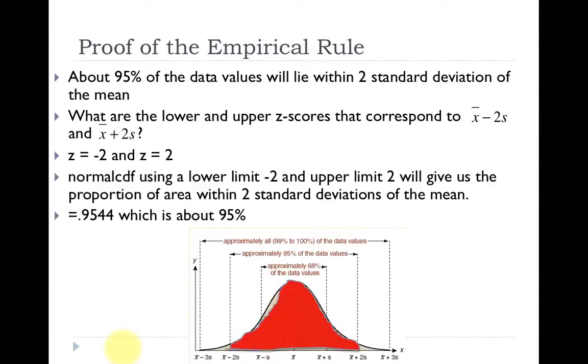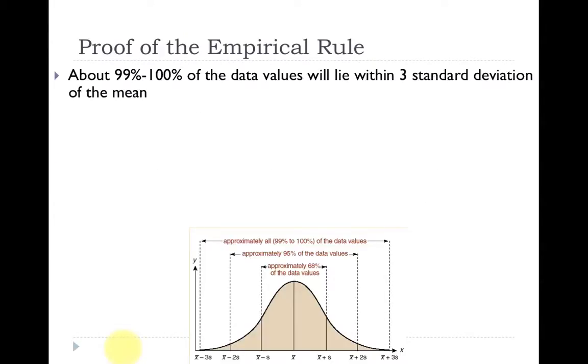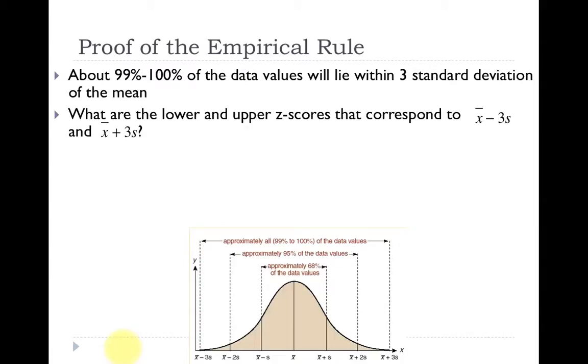Okay, the last part of the rule states that almost all of the data, almost 99 to 100% of the data values, will lie within 3 standard deviations of the mean. So what are the lower and upper z-scores that correspond to x bar minus 3s, the mean minus 3 standard deviations, and the mean plus 3 standard deviations? That's here and here.